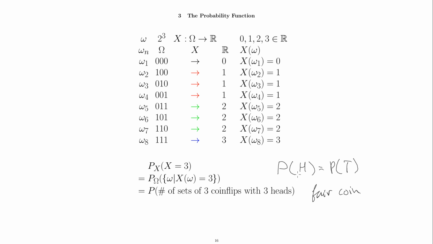If these were not equal, then we couldn't just count the number of instances here. But because they are equal, the derived probability for all of these is going to just be counting.